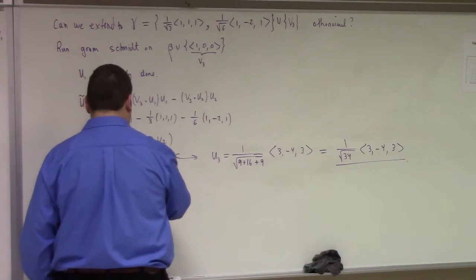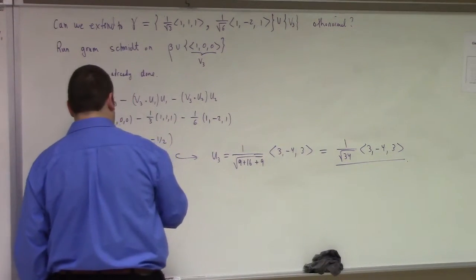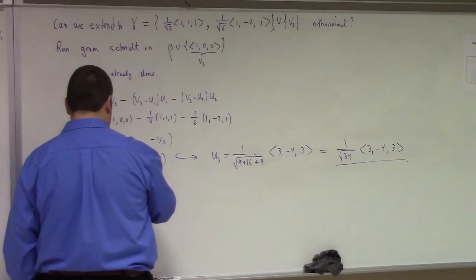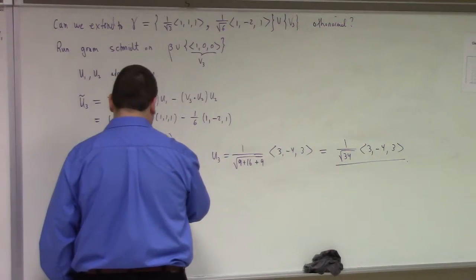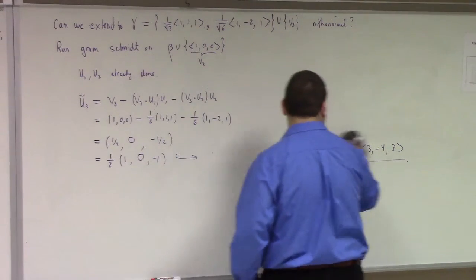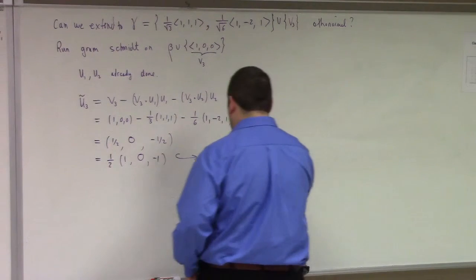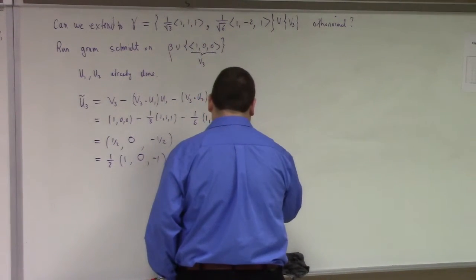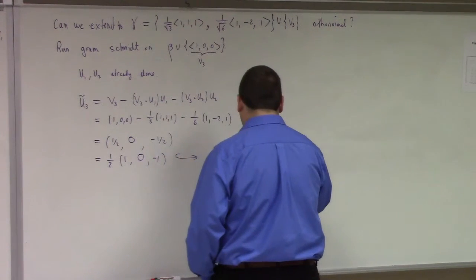I much prefer to have a 0 there, because that puts a half out here and a 1 and a minus 1. And I should have just guessed this from the outset. If you're tasked with the problem of finding an orthonormal basis, if you can see it, then good.